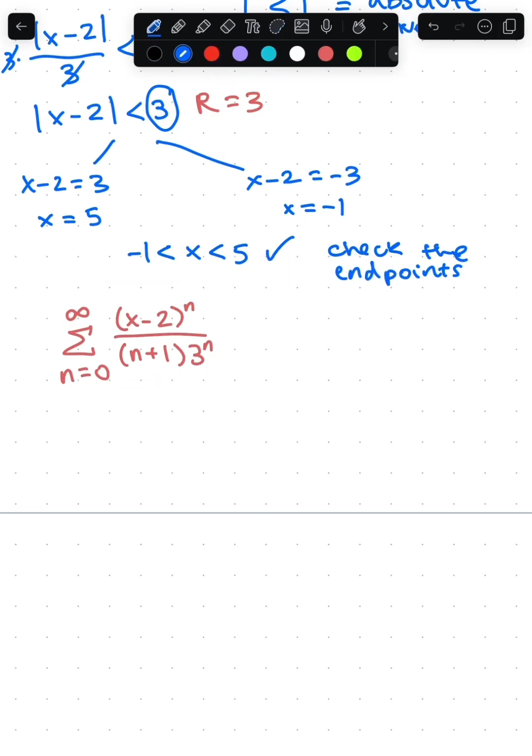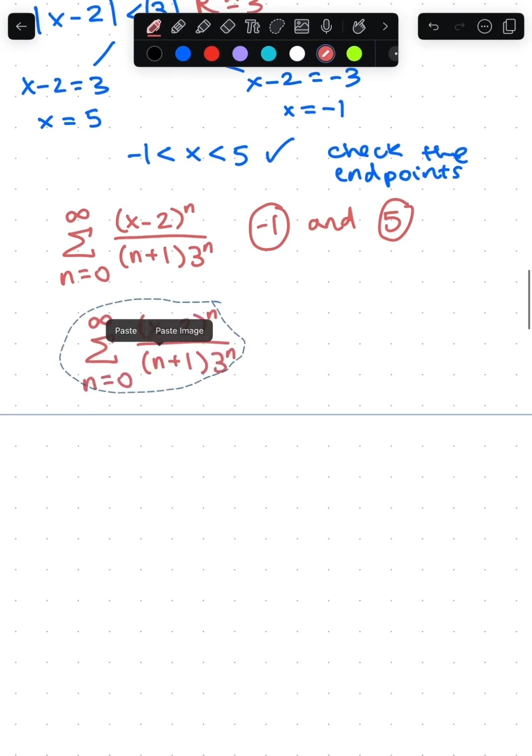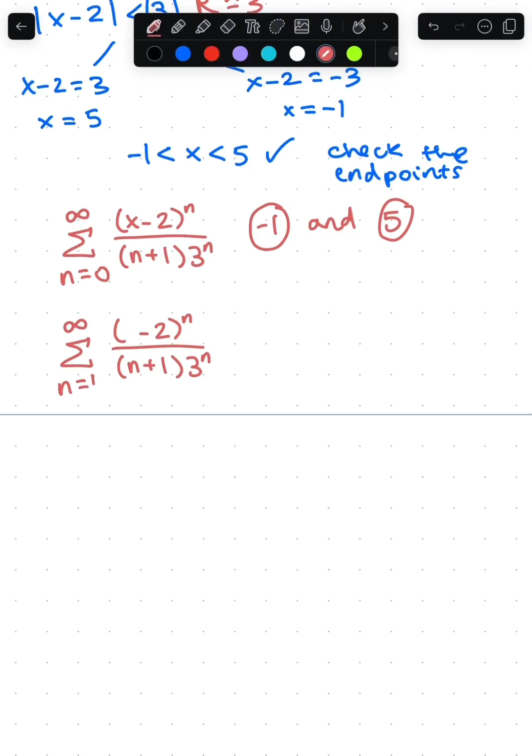So here it is. Again, we are going to plug in negative 1 into the series and 5. Let's start with plugging in negative 1. So we need to increment the index by 1 and substitute x with negative 1.